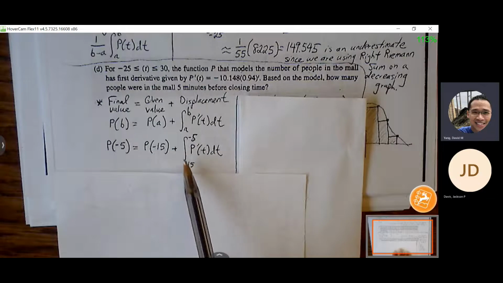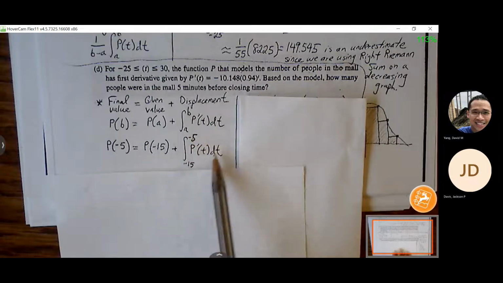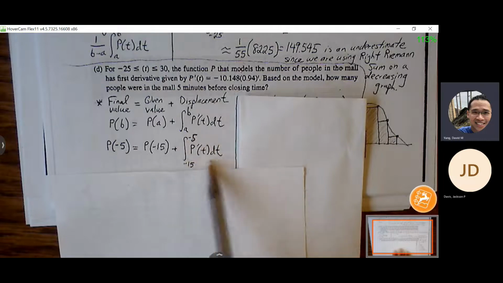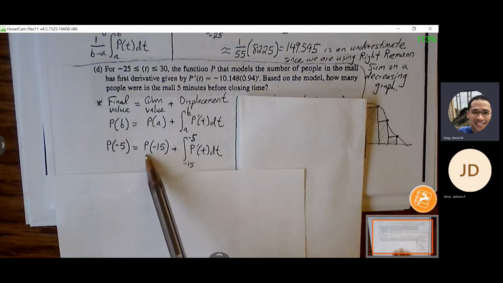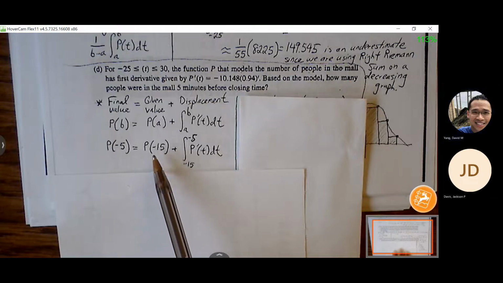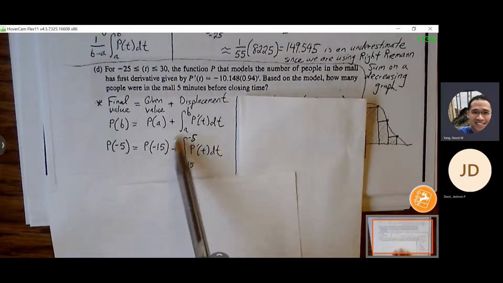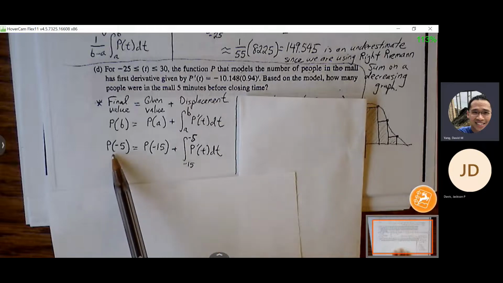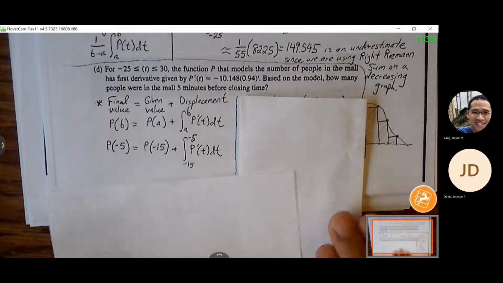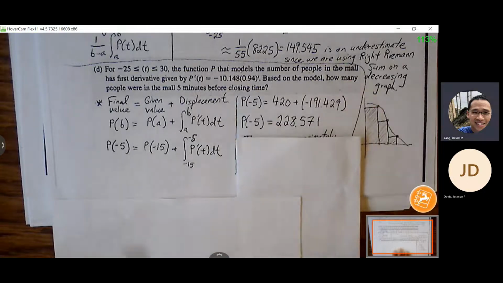And then we want to figure out, between -15 and -5, how many people have left the mall. If we know how many people were in the mall here and how many have left, we can figure out how many people are still in the mall 5 minutes before closing. So this can go in our calculator.